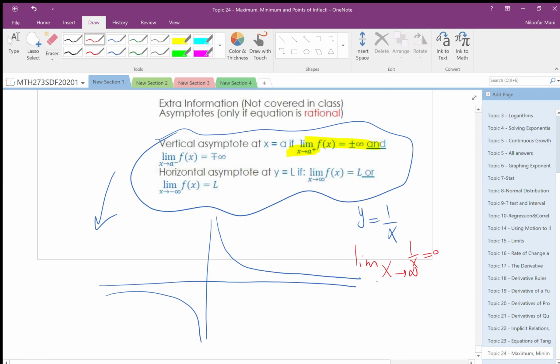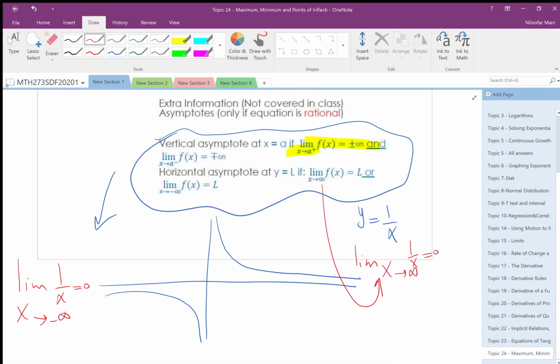Okay, see, this is my horizontal asymptote because the graph doesn't touch the x-axis, it is just approaching the x-axis. How about this side? Limit. When x is approaching minus infinity, 1 over x is also approaching 0 again. So this is a horizontal asymptote as well.